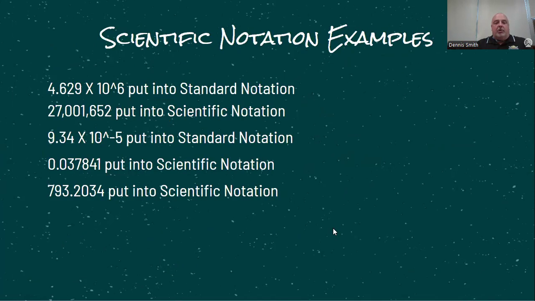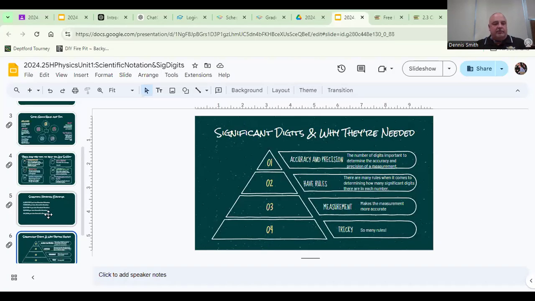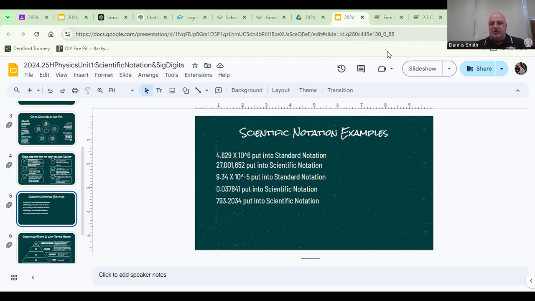All right, so some examples. 4.629 times 10 to the 6th, put into standard notation. So your decimal is here.